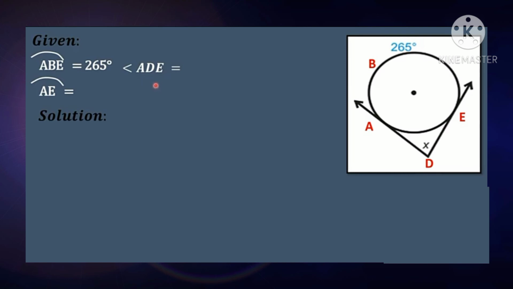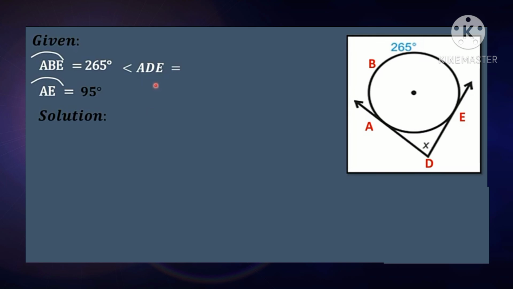And we need to find the minor arc, which is arc AE. We all know that a circle is equal to 360 degrees. So we need to subtract: 360 degrees minus 265 degrees, and the value of arc AE is equal to 95 degrees.